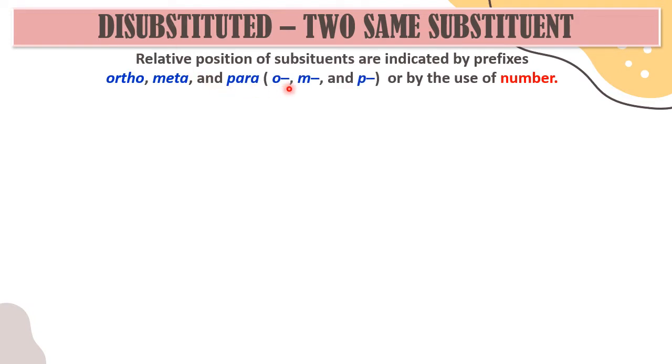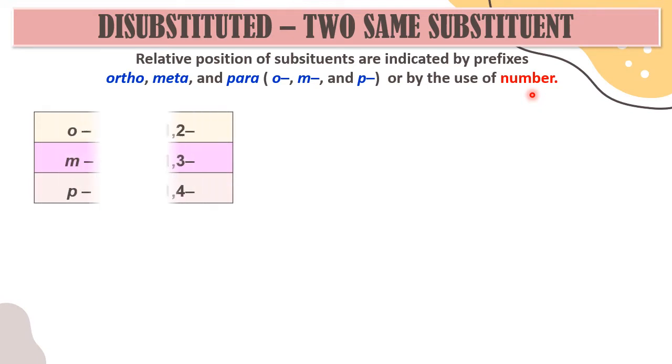So relative positions of substituents are indicated by prefixes. We're going to use ortho, meta, para, or we can also label it as O, M, and P, or by the use of numbers. So you have 2 options. What do I mean here?